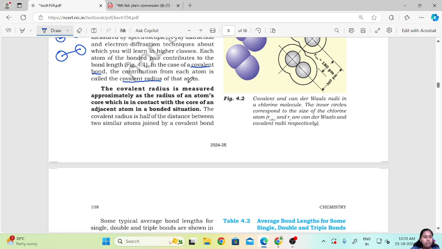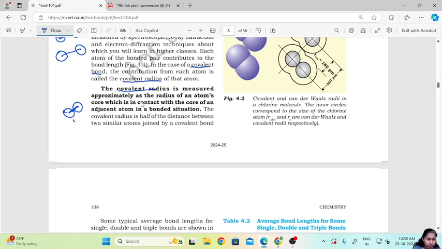Now, the covalent radius is measured approximately as the radius of an atom's core, which is in contact with the core of an adjacent atom in a bonded situation. So when you have a bonded pair, the covalent radius is a measure of approximately the radius of an atom's core, which is in contact with the core of the second atom.